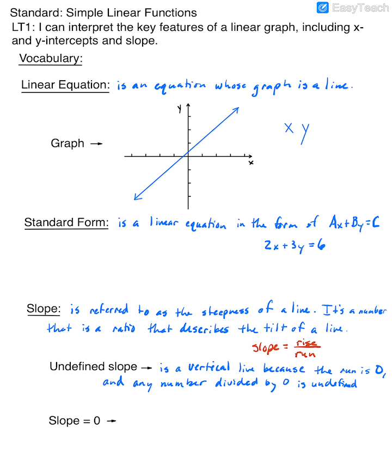Slope, when it's equal to 0, gives you a horizontal line. Because the rise is 0.